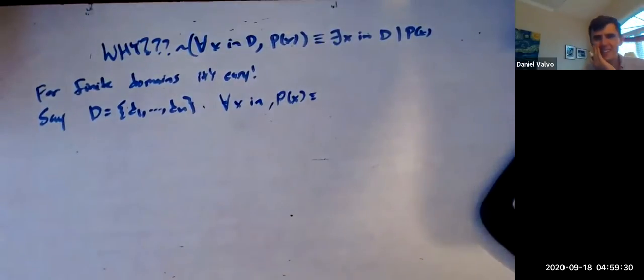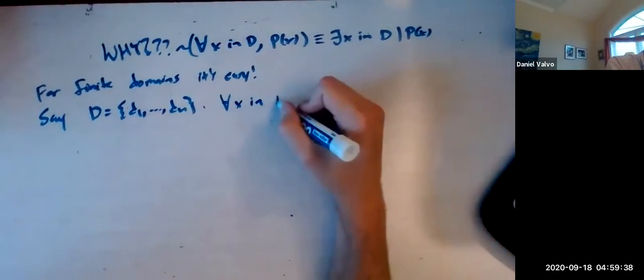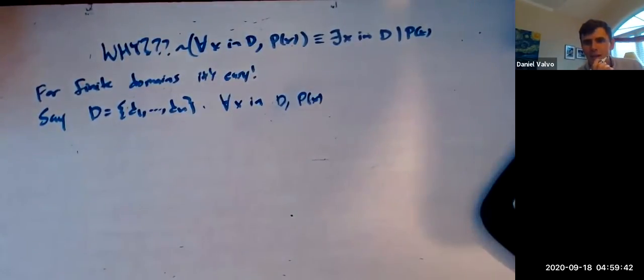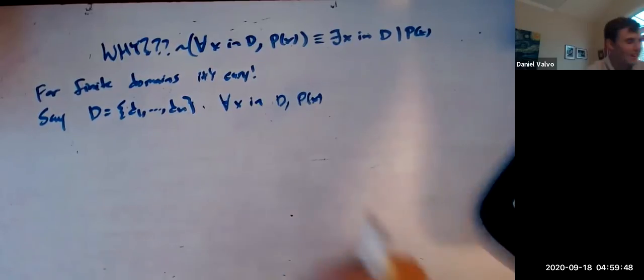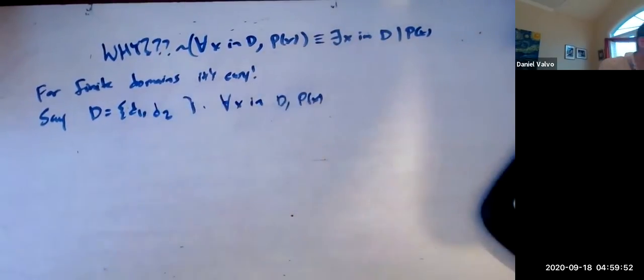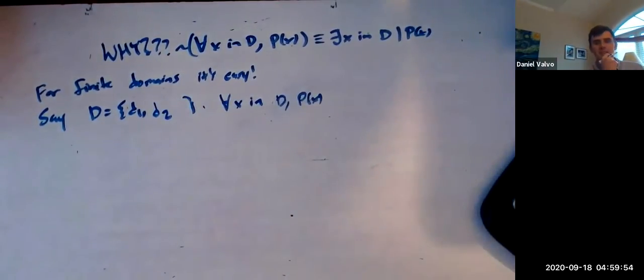For all x in D, could you think of a different way to write that using symbols we know? How about making it real simple? What if D just had two elements, D1 and D2? What does it mean for all x in D, P of x to be true?